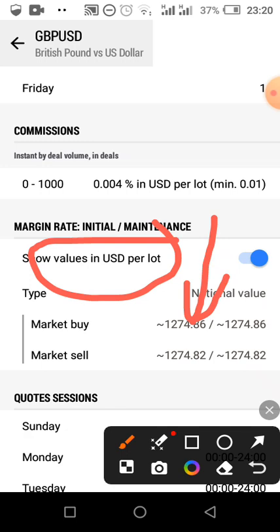Because of that, I personally try to use even a slightly bigger account than just the minimum that is required by the broker.